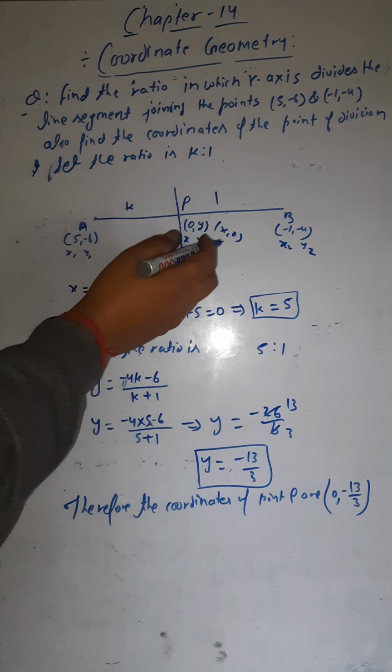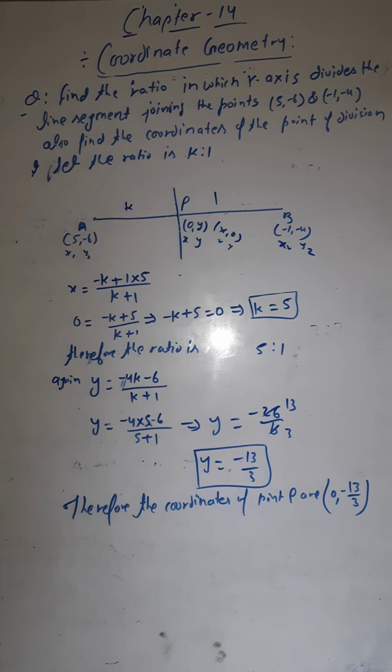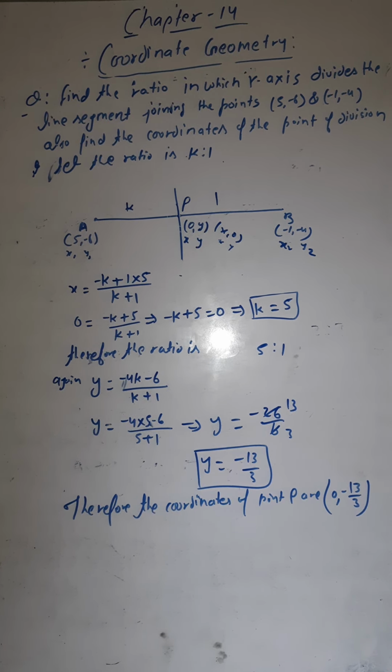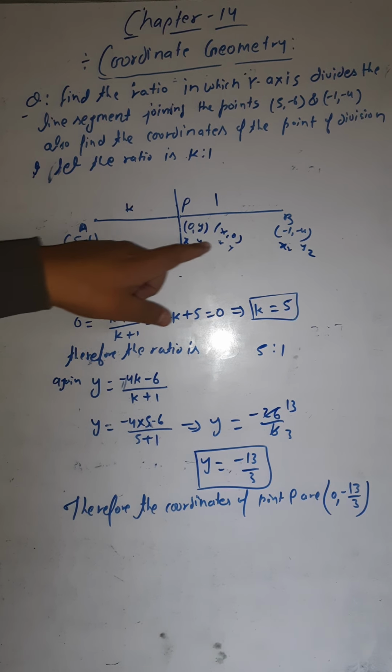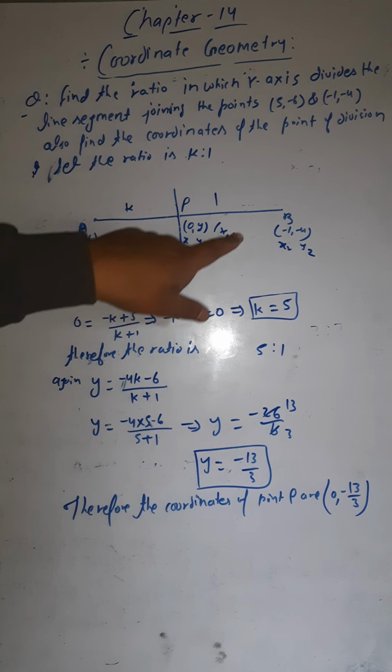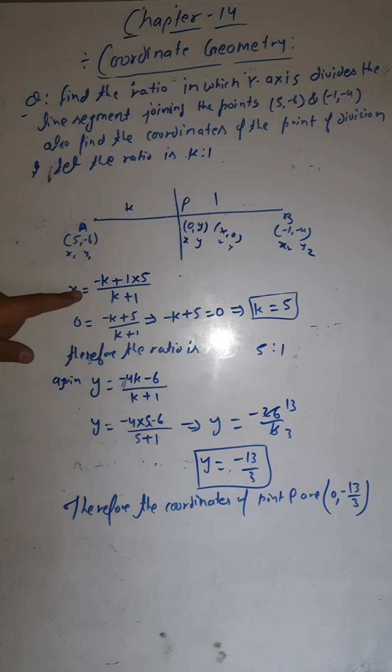This would be the value of x, and this would be the value of y. Then while solving, you would not take the x formula first. You would take the y formula first, because you have the value of y as 0. Then you would take y is equal to m1 y2 plus m2 y1 divided by m1 plus m2.